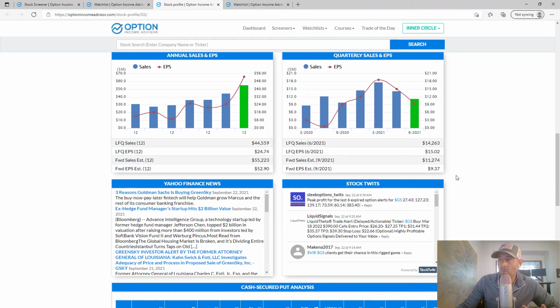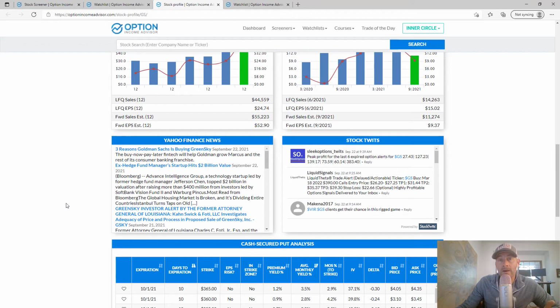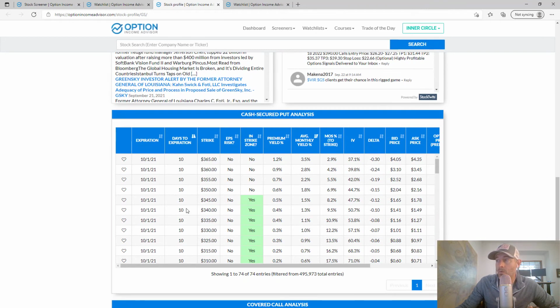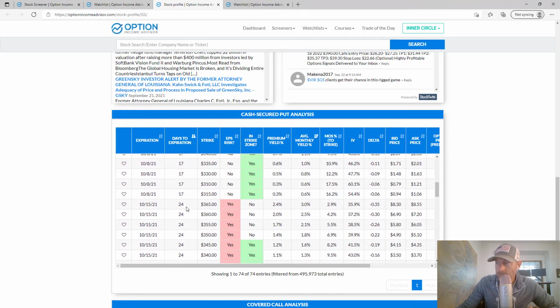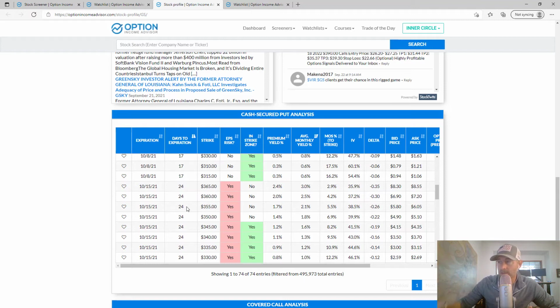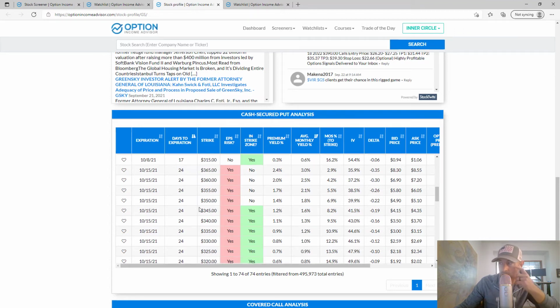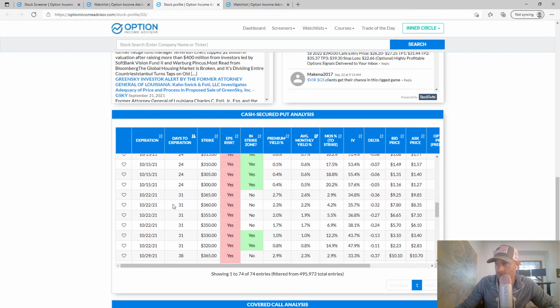So what you can also do from here is create a put watch list of stocks that you might want to sell puts on. Right now I'm in that tweener stage where I'm still looking at some October options, which expire on the 15th, and also some November options.